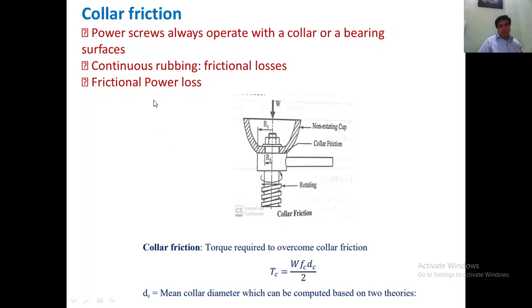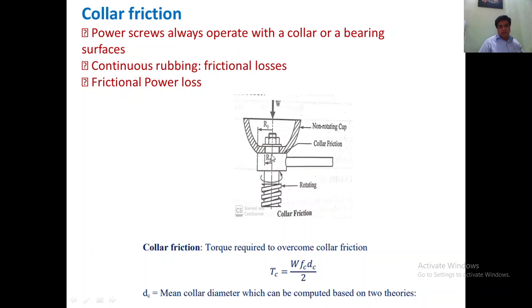So one more concept in designing the screw jack, or particularly power screws, which are designed to raise or lower the load. So this is the power screw here, and we have the handle bar, and using this bar we are applying the torque.